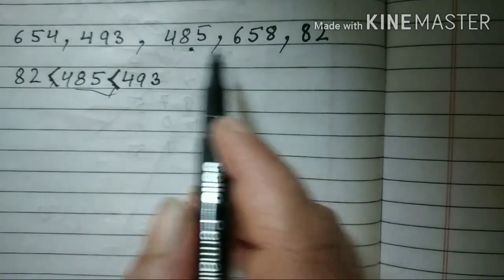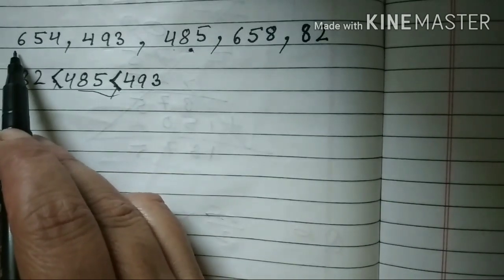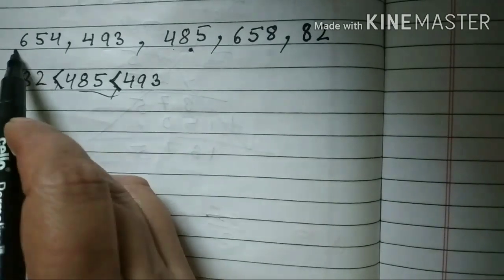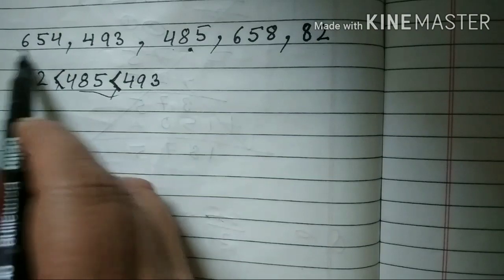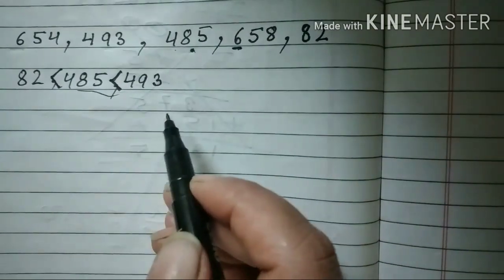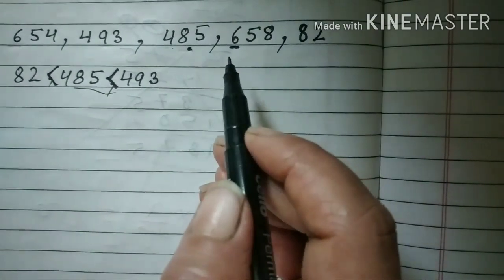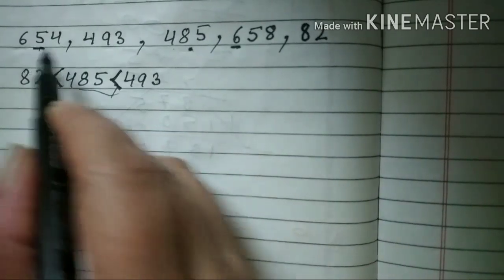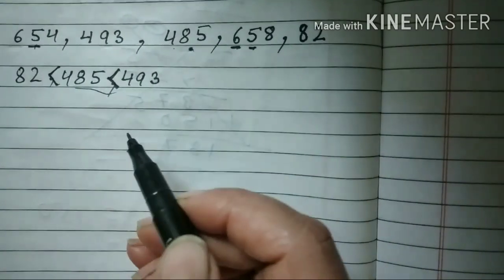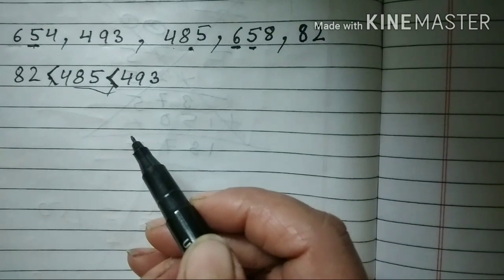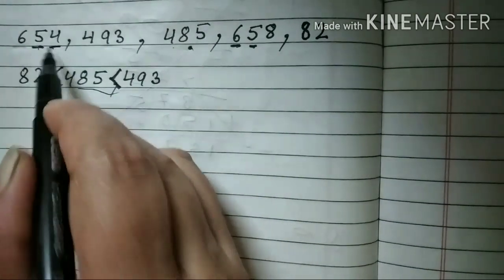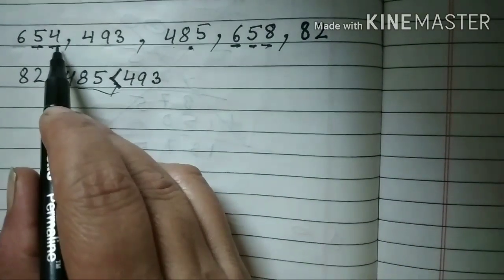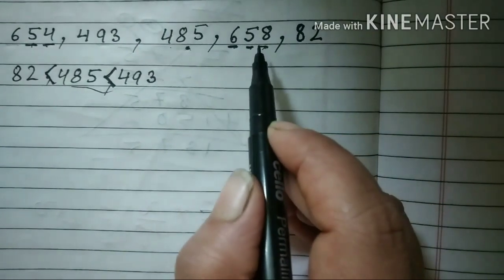Now again we will check. The hundreds place digits are the same here. 6 is at the hundreds place, and here again we have 6. Now we will check the tens place digit. Here we have 5 and here we have 5 again. Now what will we do? We will check the ones place digit. Here at the ones place we have 4 and here we have 8.